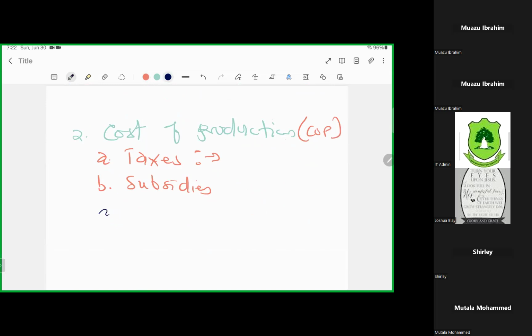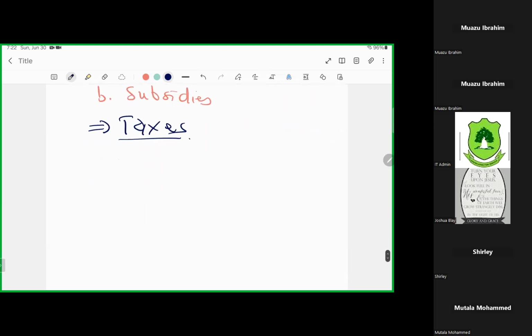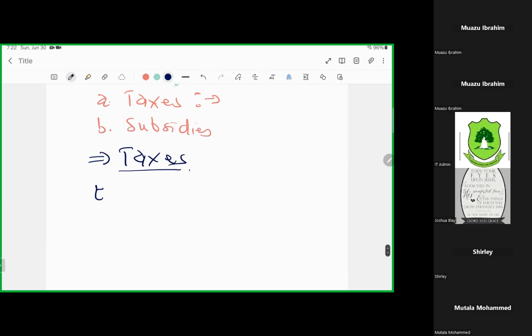So if you have the effect of taxes, please note, once there is an introduction of a tax, the increase in tax, which I would call T, will lead to an increase in firms' cost of production.